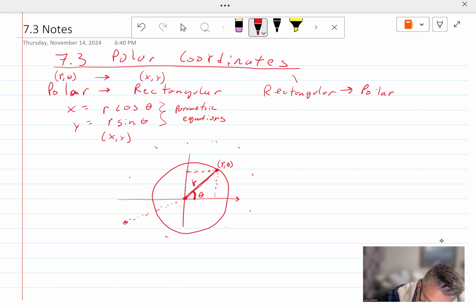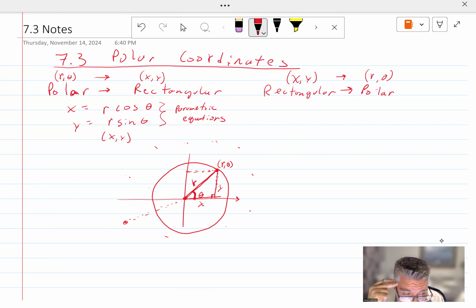So to go from rectangular x, y to polar r, theta, I want to figure out some properties of this right triangle, because this is an x and this is a y. How can I find that angle theta given x and y, from trigonometry?